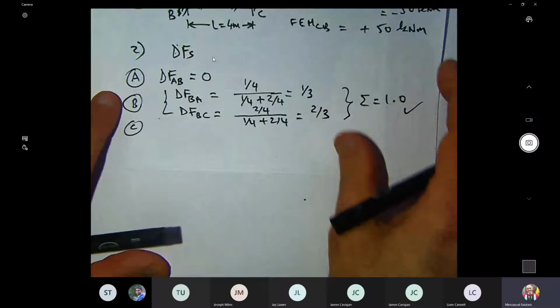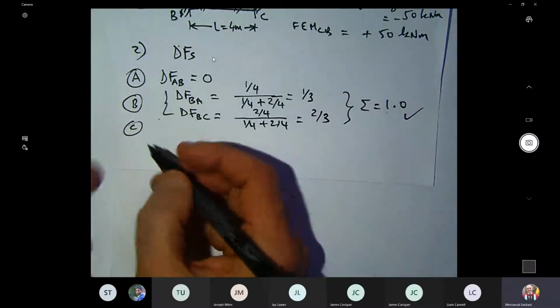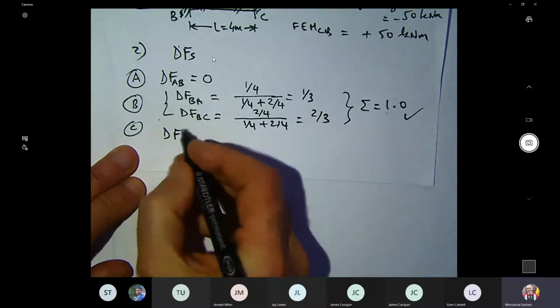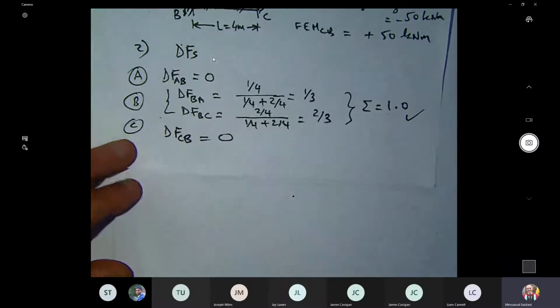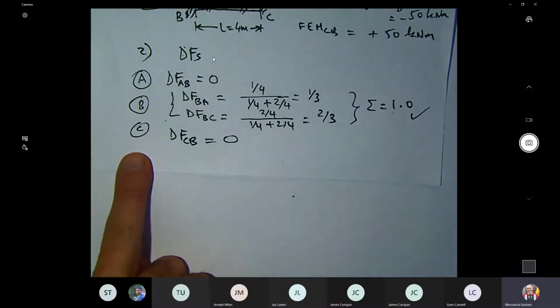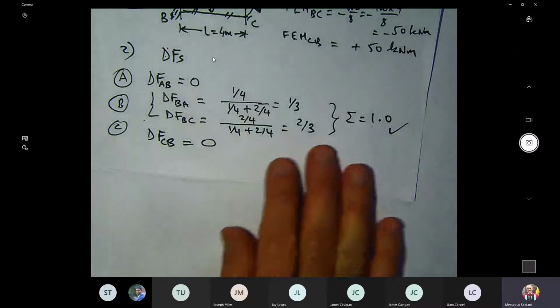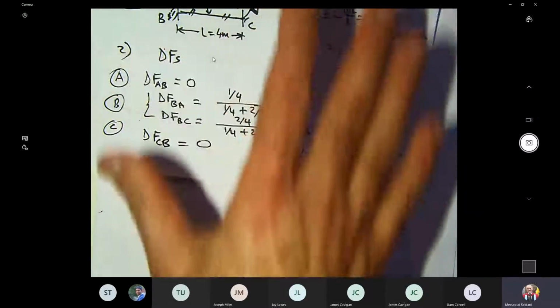Similarly, for joint C, we have only one member at joint C, and that's member CB, and it's going to be equal to 0 because there is only one member and the joint is rigid. Is that okay? Yeah. That's it. We've got everything now.